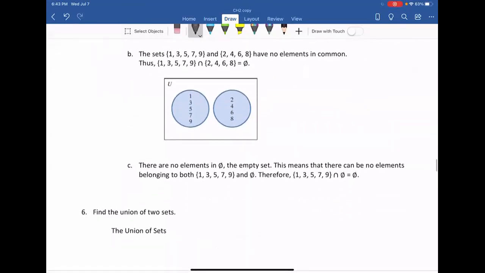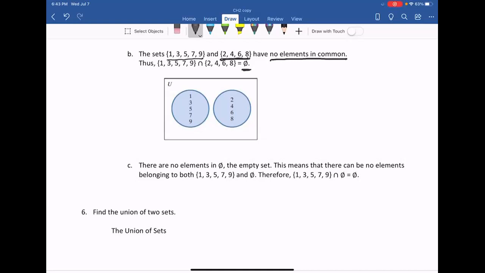Number B, the set 1, 3, 5, 7, 9 and 2, 4, 6, 8. They have no element in common. That means the intersection is ∅, the empty set. So you just use ∅ to say the intersection of these two sets is empty.